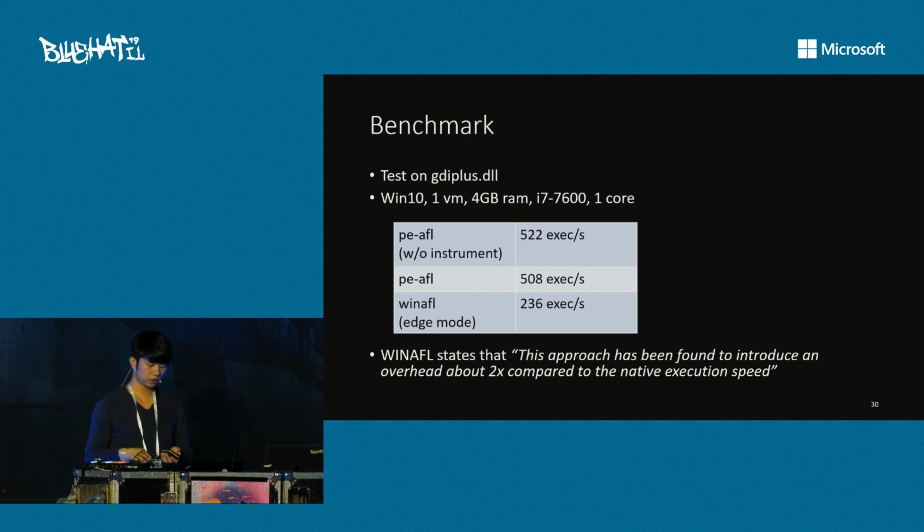As you see, the speed is close to native execution, and it's a speed up of around 2 times over WinAFL. WinAFL states that the overhead is around 2 times over native execution. Our benchmarking data here is close to what is stated.